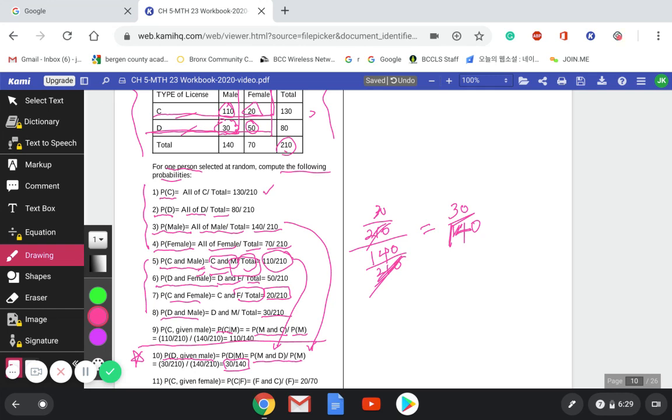Oh, I was wrong before. Number 9 was 110 out of 210 divided by 140 out of 210.